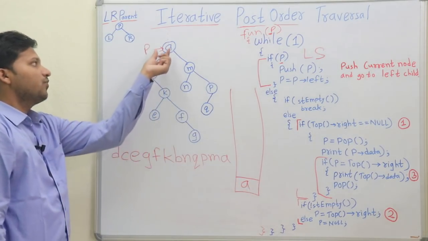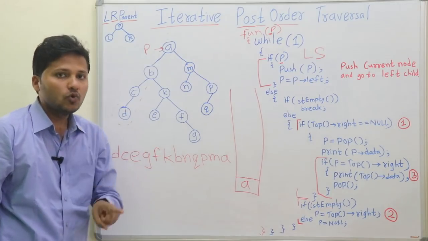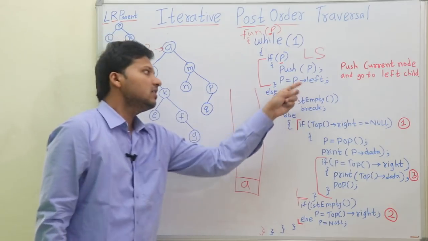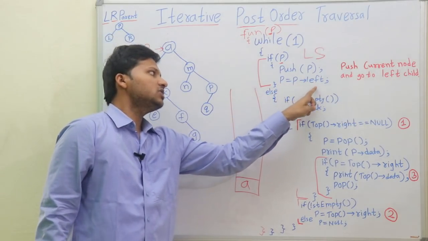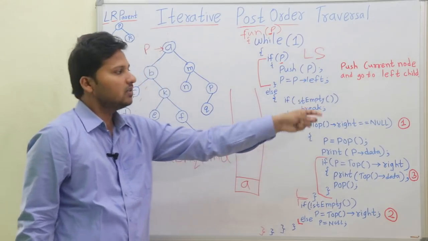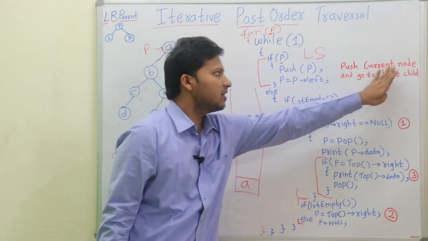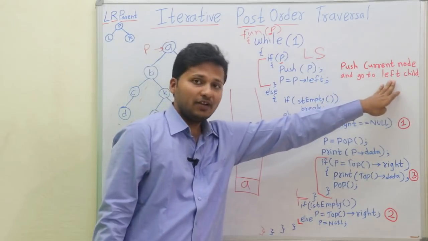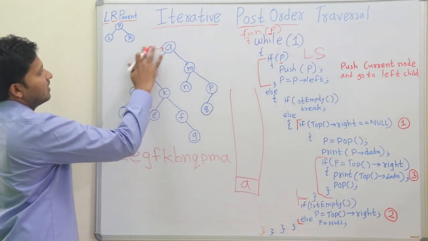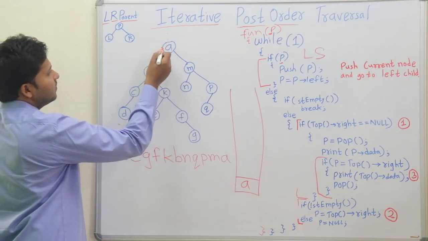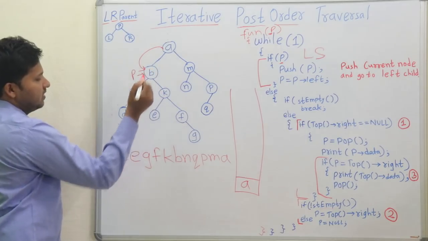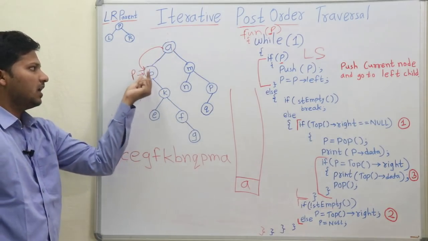Whenever you are visiting a node, you have to push the node and then go to the left child of the node. So P is equal to P points left. That is written here: push current node and go to left child. So you have pushed A and then you have to go to the left child of A. Now P points to B, that is the left child of A.